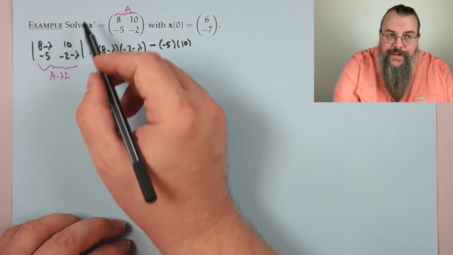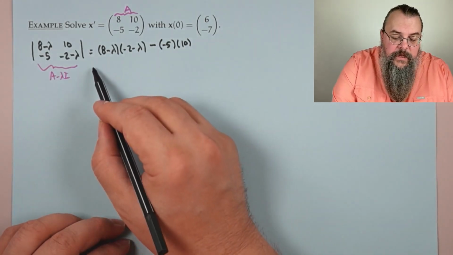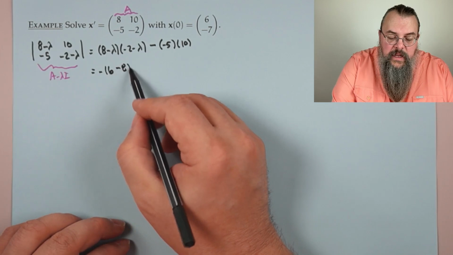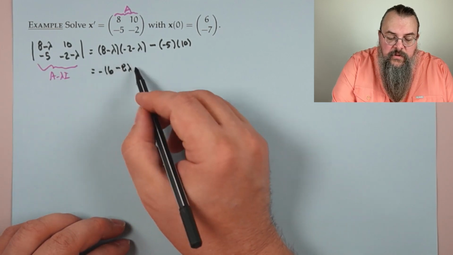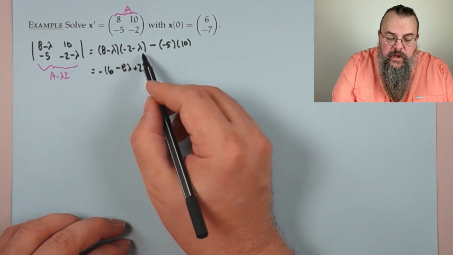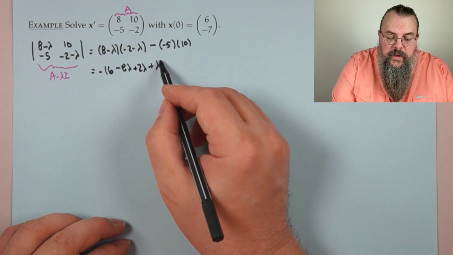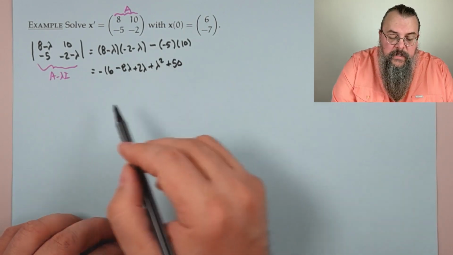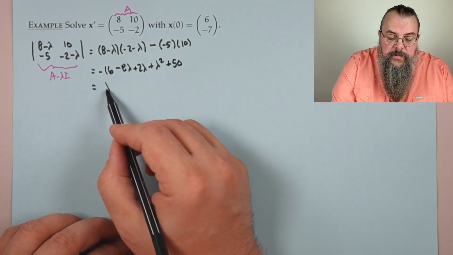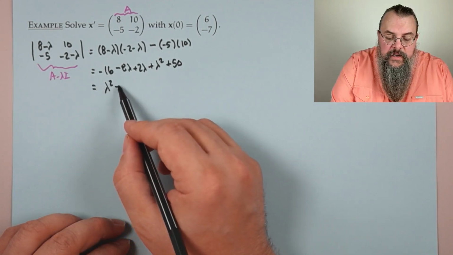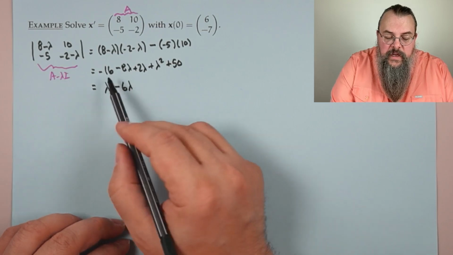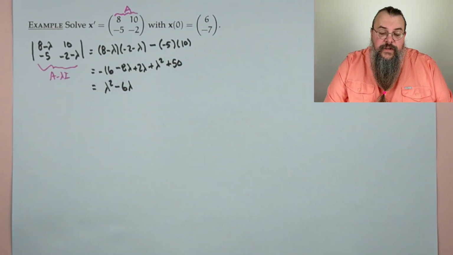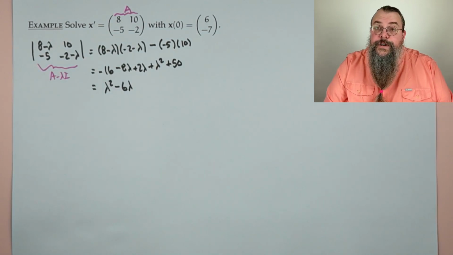Diagonal, subtract diagonal. That'll give us negative 16 minus 8 lambda plus 2 lambda plus lambda squared, and then plus 50. All right, so all together we get lambda squared minus 6 lambda, and 50 subtract 16 is 34.